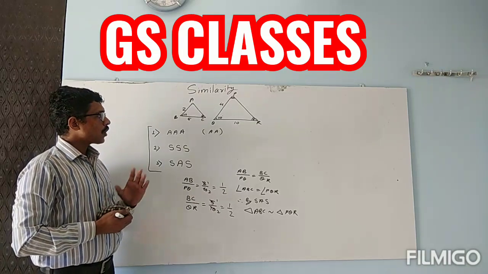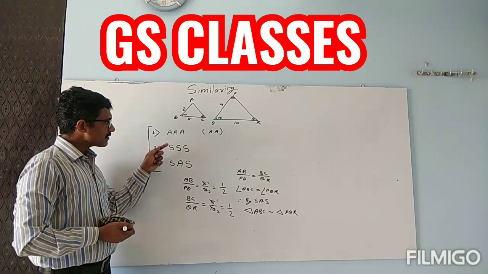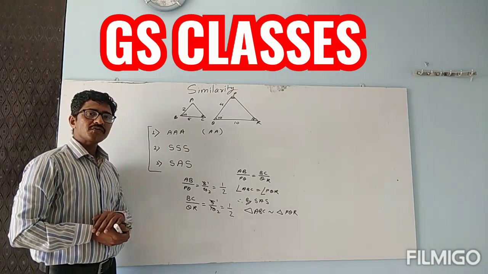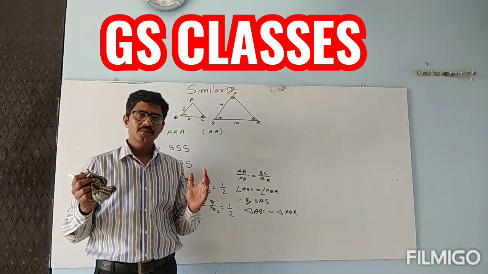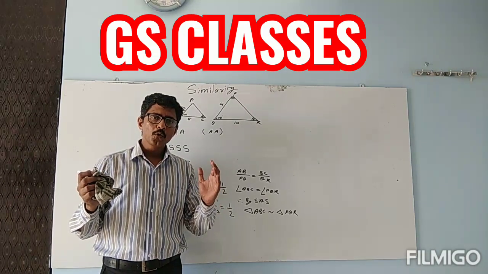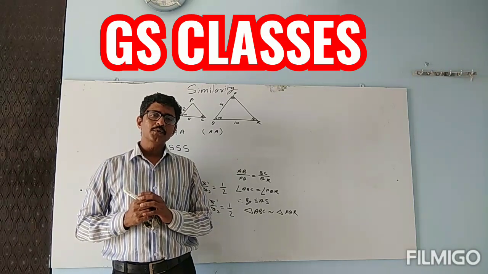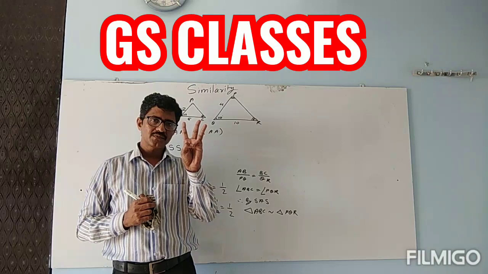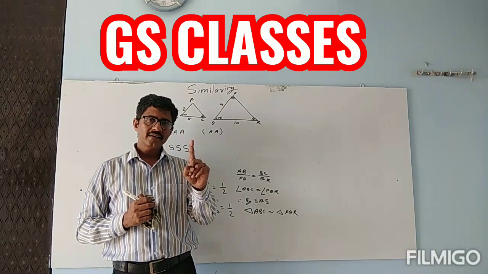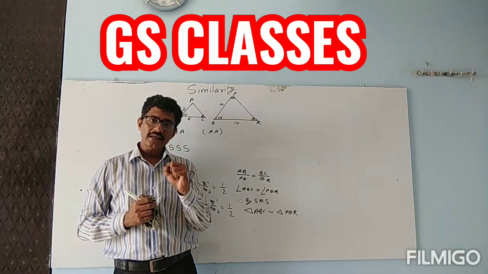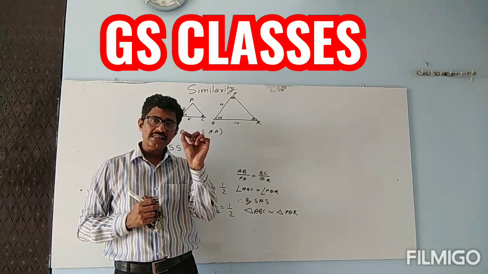Children, while solving questions, we are going to use these three criteria of similarity. If you are given any triangles and they are asking you to prove that these two triangles are similar, then you just have to think of these three points: whether they are passing the criteria of AA, or the criteria of SSS, or the criteria of SAS.